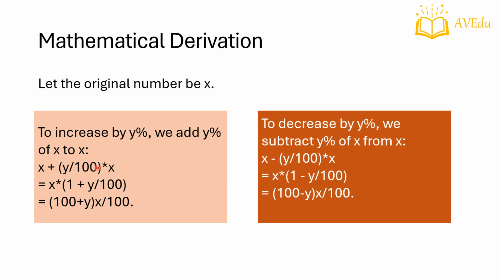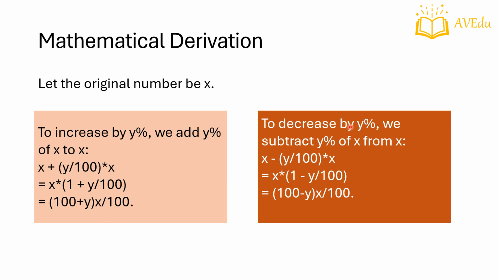So y by 100 multiplied by x. Now, if you observe, x is common over here. So we can take x out and write this expression as x times (1 plus y by 100), which can be further simplified as (100 plus y) multiplied by x divided by 100.